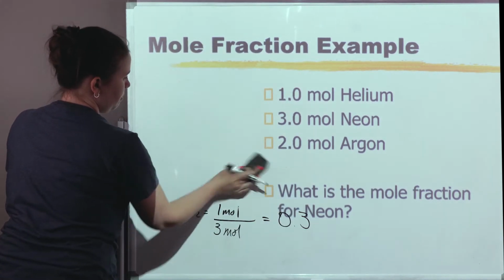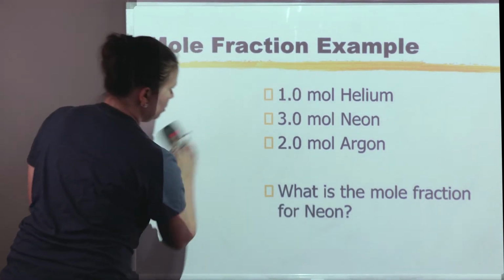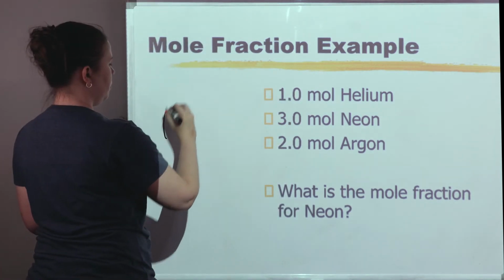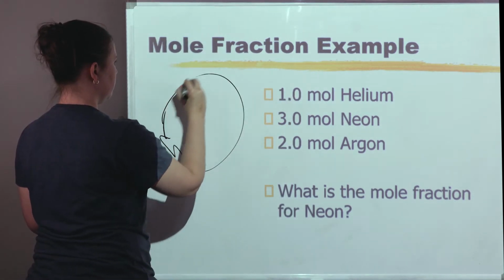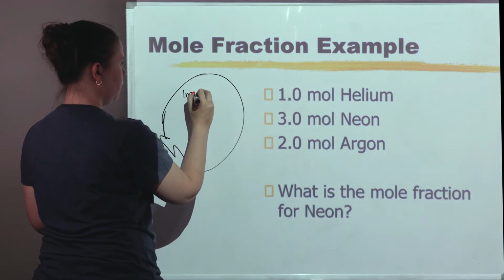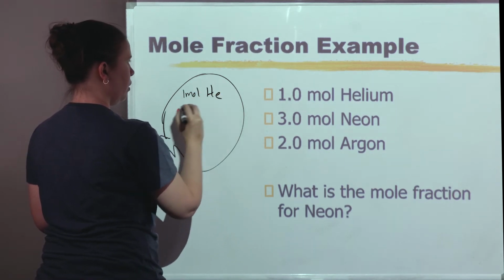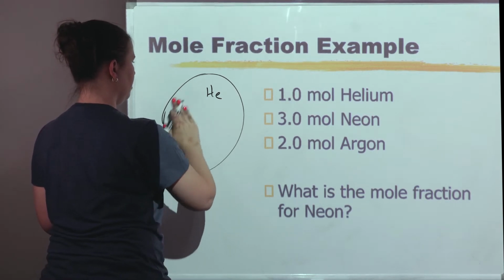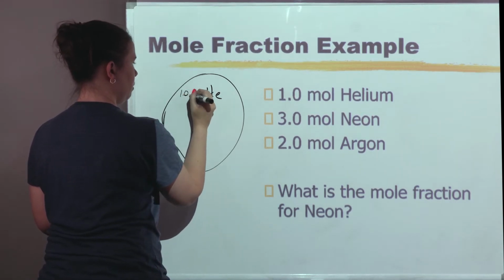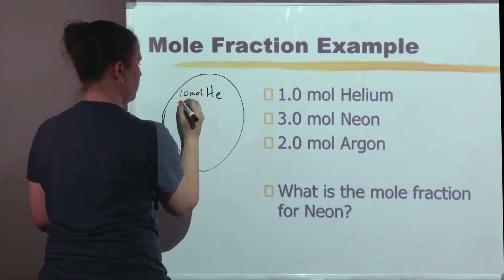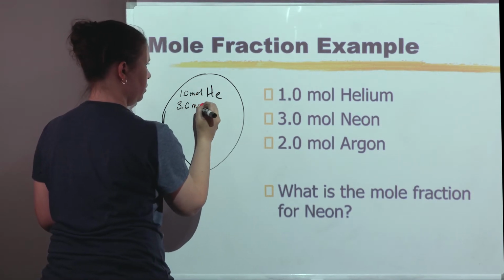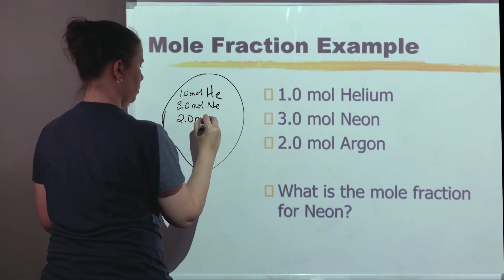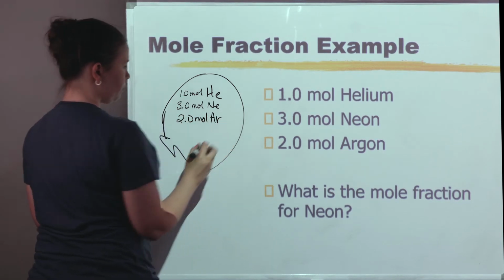So let's try another example with some more numbers here. And let's try to think about sig figs as we go on this one. So now my theoretical balloon has 1.0 moles helium, 3.0 moles neon, and 2.0 moles of argon.